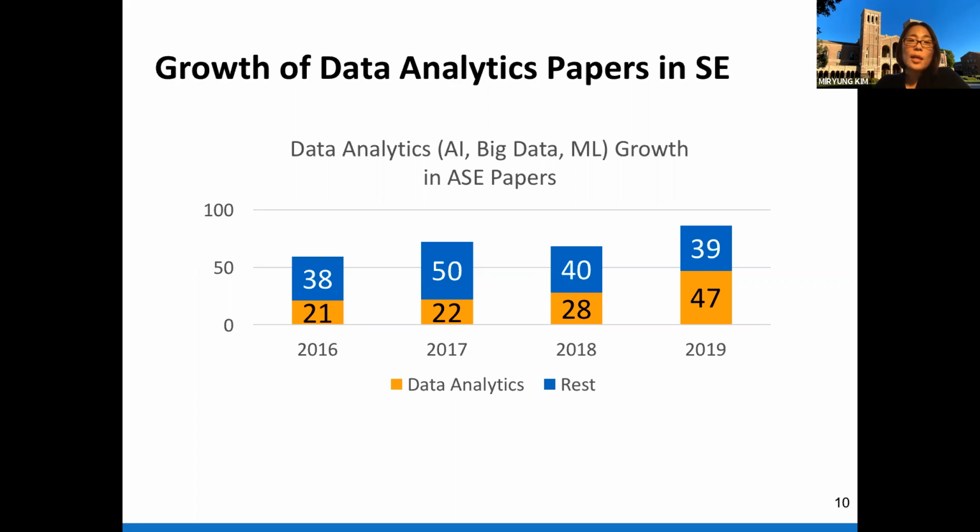As you can see in orange in the chart here, the number of papers that employ data science, AI, machine learning, and big data has grown substantially over the years.